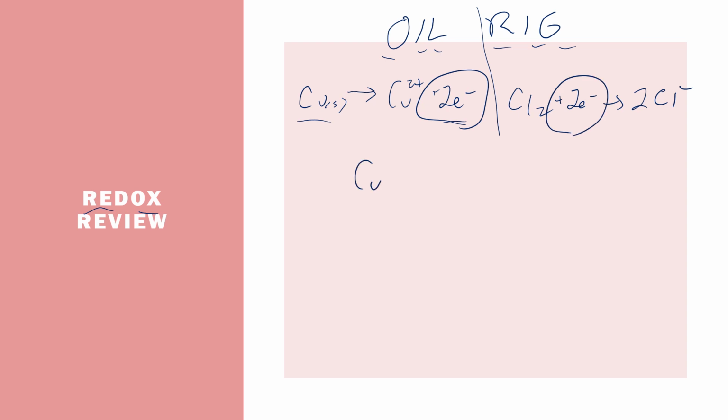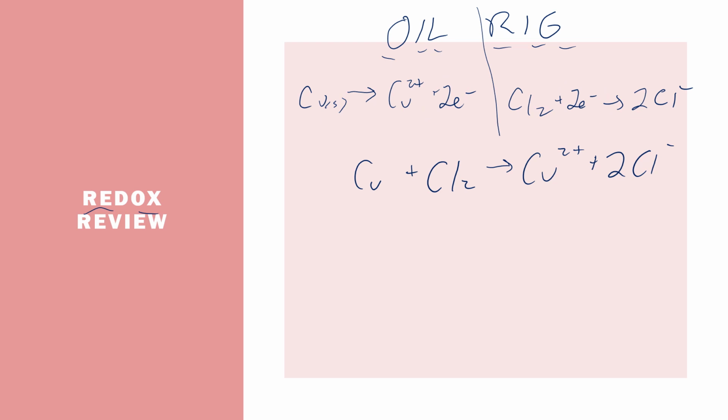The solid copper can react with the chlorine gas to form copper 2+ ions and 2 chloride ions. I took out the electrons because they were the same; there is a transfer of electrons, we just can't see it in the overall reaction. So again, this is an oxidation half reaction, this one is a reduction half reaction, and this would be the overall reaction if I put the 2 together.